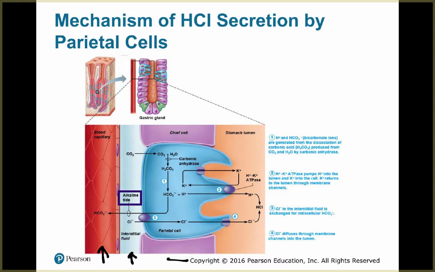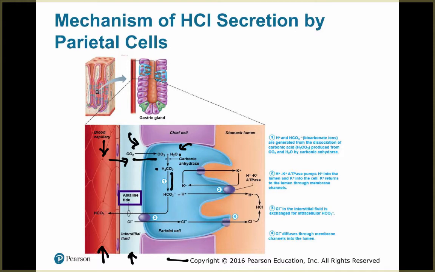So you have water available here, and you have carbon dioxide coming in, all of this coming into the blood, which comes over into the interstitial fluid. And so the CO2 is going to combine with the water to make carbonic acid, which is right here, right?